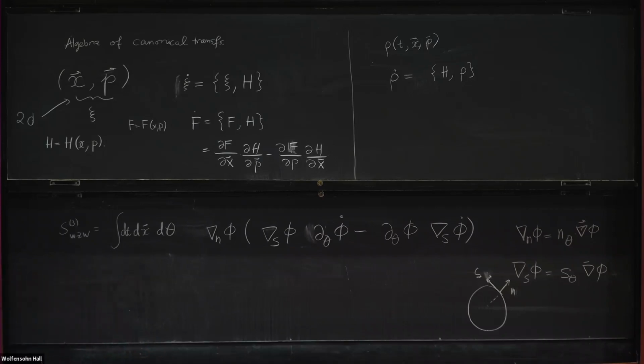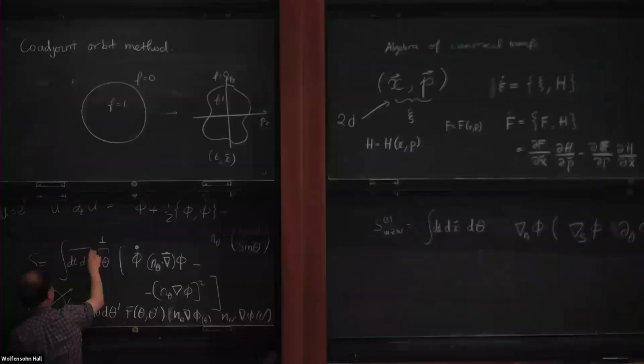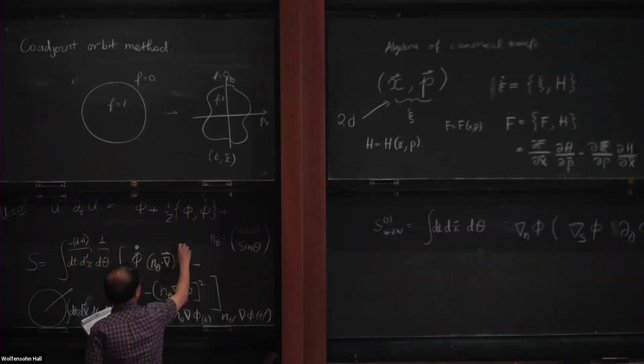By counting here, the rule is the following. In Fermi liquid theory, theta counts as 1, and space and time count the same way. So this is dimension d minus 1, d plus 1, minus d plus 1, where d is the number of spatial dimensions. The dimension of theta has to be d minus 1 over 2.